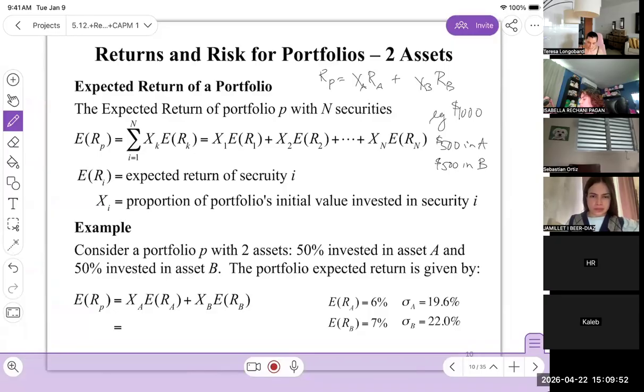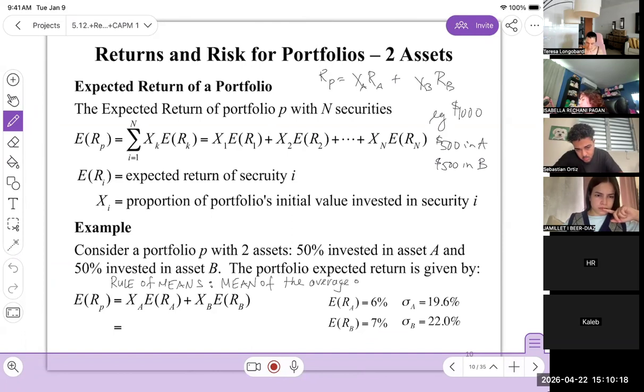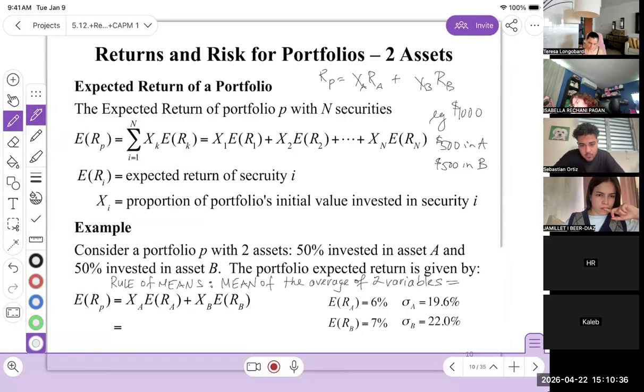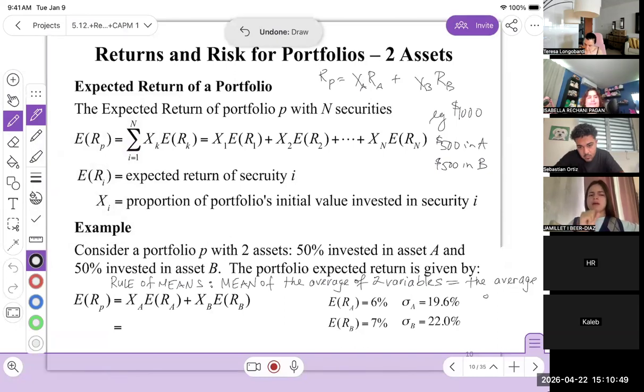So the rule is the mean of the average of two variables is equal to the average of their means.